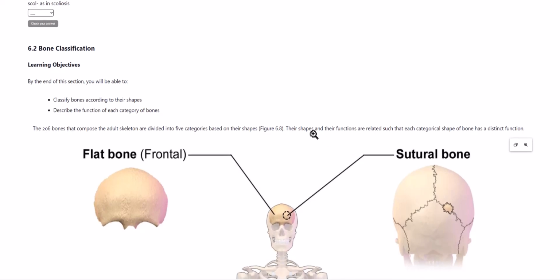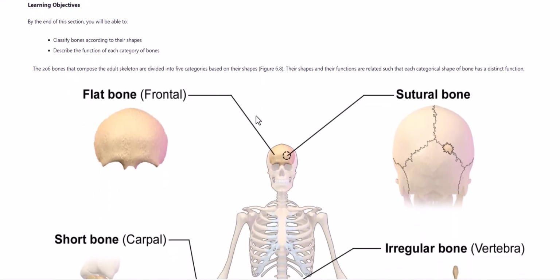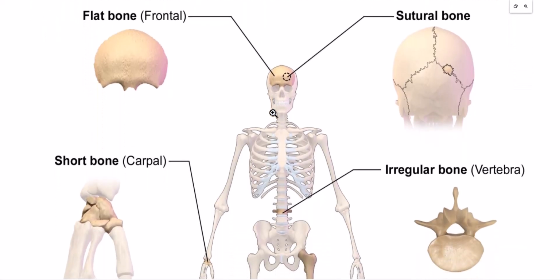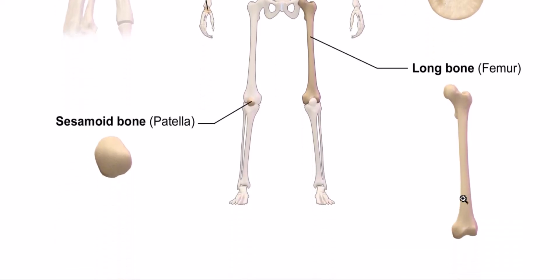We'll take a look at 6.2, and that is that bones are classified mostly by their shapes. And we'll also look at the different functions of these bones. So let's just take a look at an example of each of the 5 categories of bones based on their shape. I'm going to start with the most obvious one, and that is the long bones.